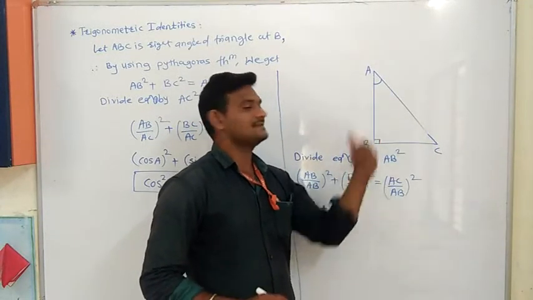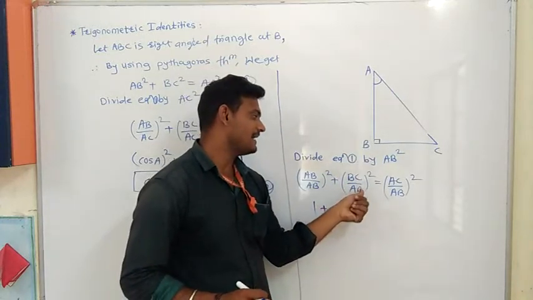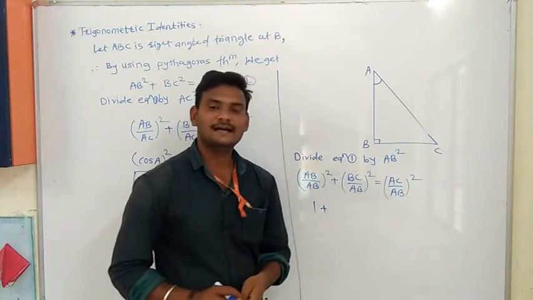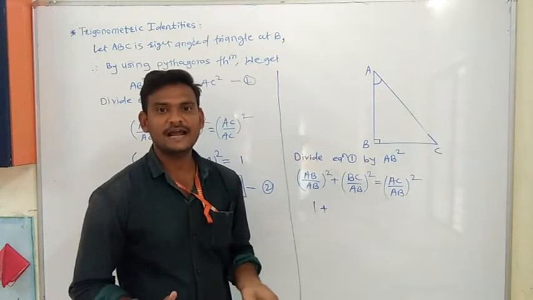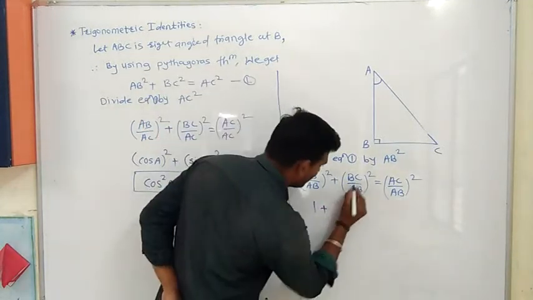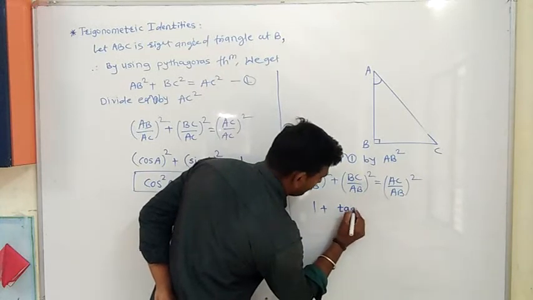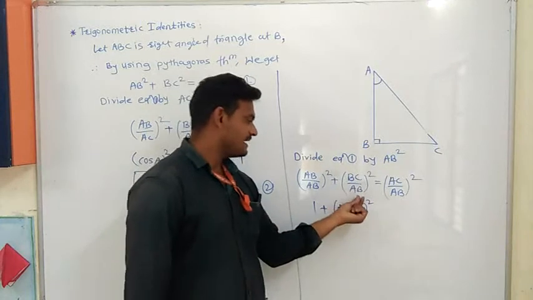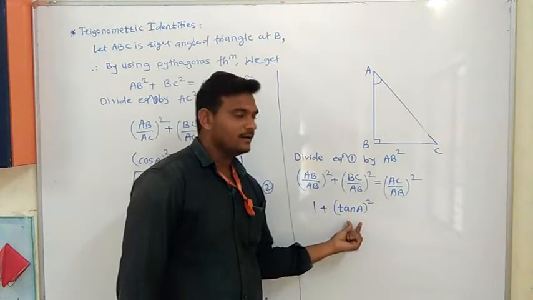Therefore, opposite upon adjacent, which ratio do we get? That is the tan ratio. Instead of BC by AB, I will write tan A, whole square.